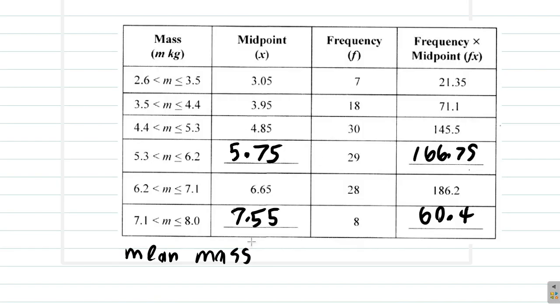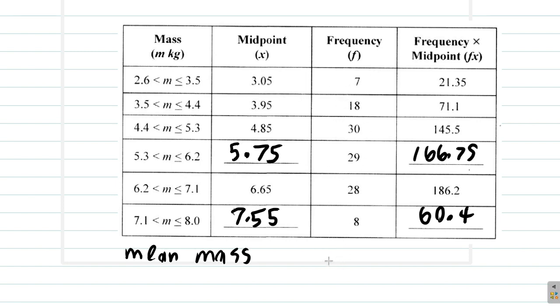Now, here, you see, they have a mass. The midpoint represents the class here, between 2.6 and 3.5, where you have the mass greater than 2.6 but less than or equal to 3.5. The 3.05 is used to represent this range of mass. How many of them do you have?